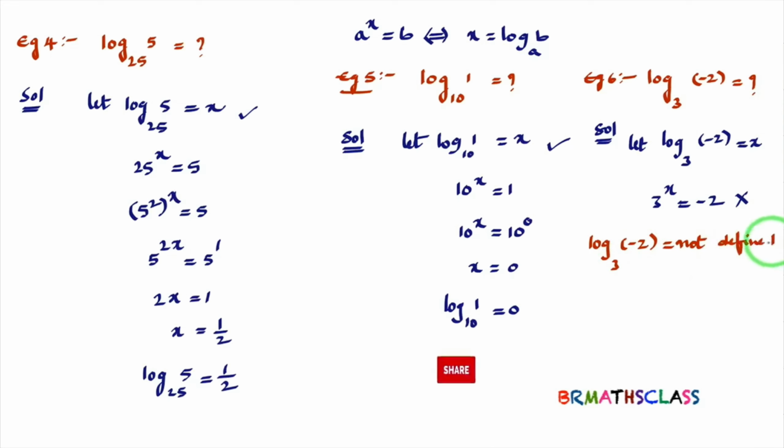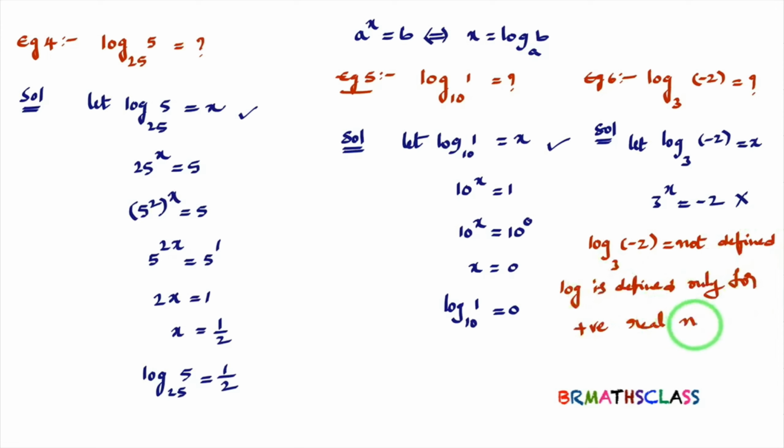Why is it not defined? Because logarithm is defined only for positive real numbers. In this definition, a and b are positive real numbers and a is not equal to 1. Keep this point in your mind also: the base cannot be equal to 1. Now the last example, log 4 base 1.